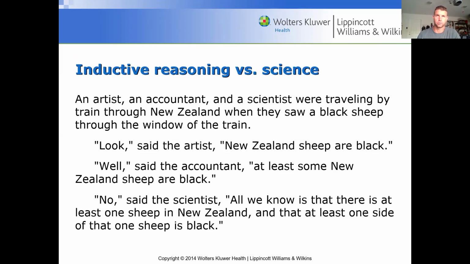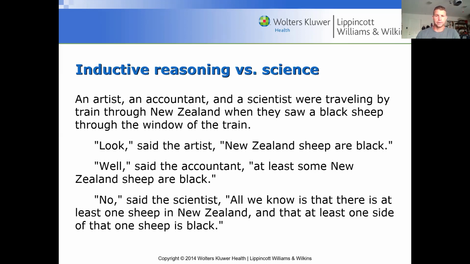So he's a little more sciencey in his thought process, because he's saying, look, this is all we see. We haven't seen any white sheep or brown sheep or any other color, but at least the ones we've seen are black, therefore we know that there are some.